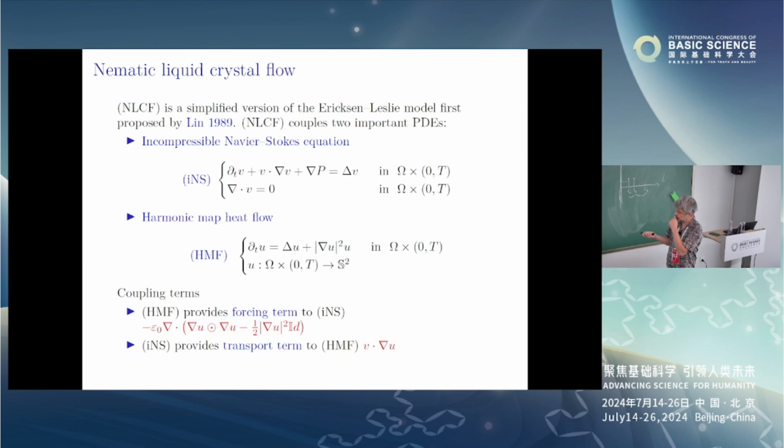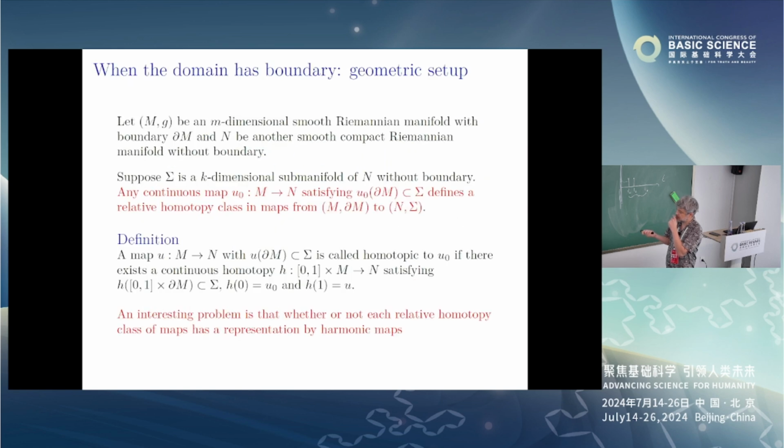As far as the harmonic map system is concerned, of course if the domain has a boundary, you could always put Dirichlet, right? But geometrically, this is not necessarily what you want. What you want is to leave the boundary free.